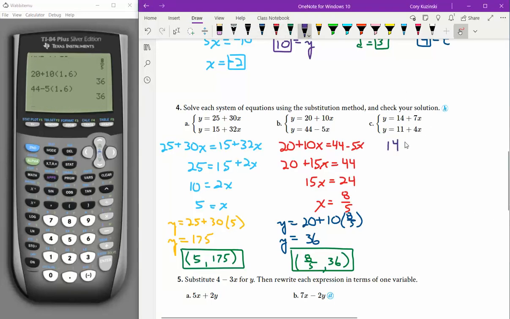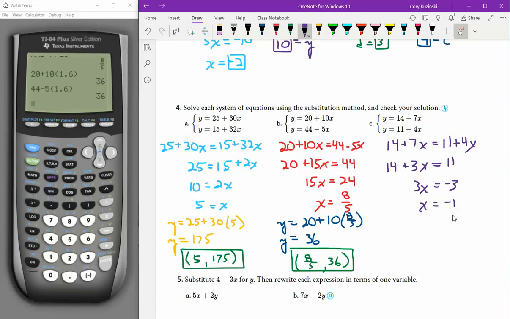All right, last one. 14 plus 7x equals 11 plus 4x. Let's subtract 4x from both sides. Then we'll subtract 14 from both sides, and then divide both sides by 3. We get our x value is -1.